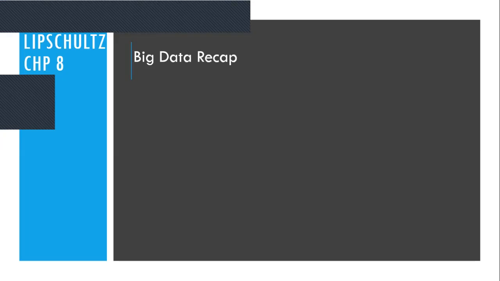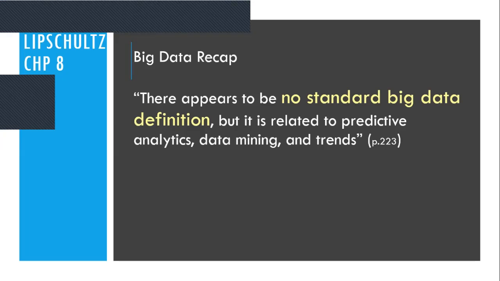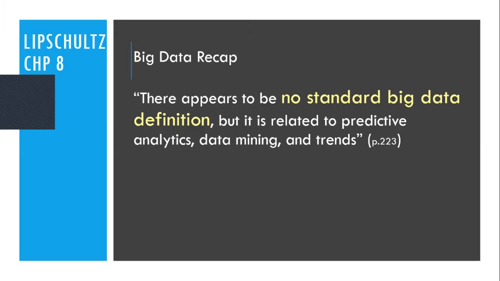I then want to go on to a big data recap. I wish I could put it in one main idea, but unfortunately there is no standard big data definition. It's essentially predicting, the analytics, the data mining, and the trends of what is currently out there, which I personally see as certainly problematic.